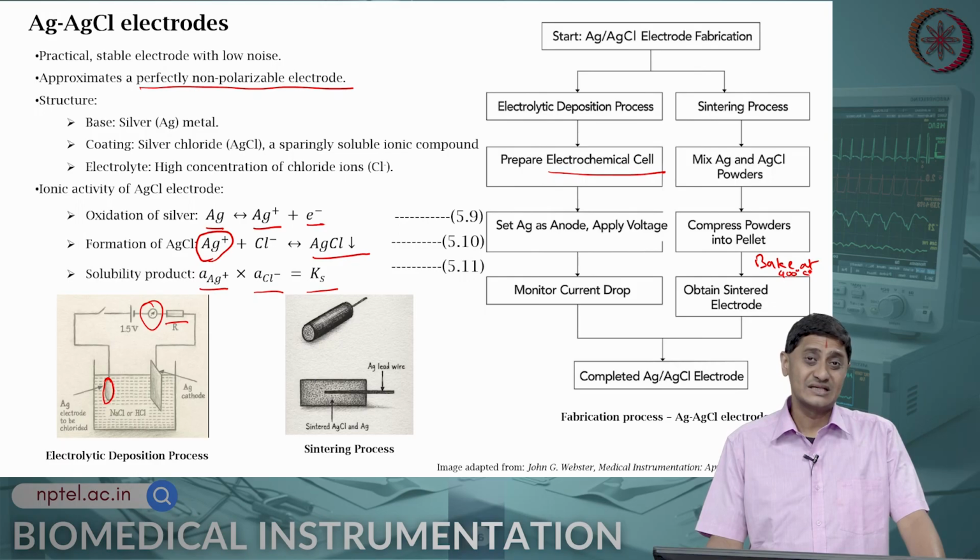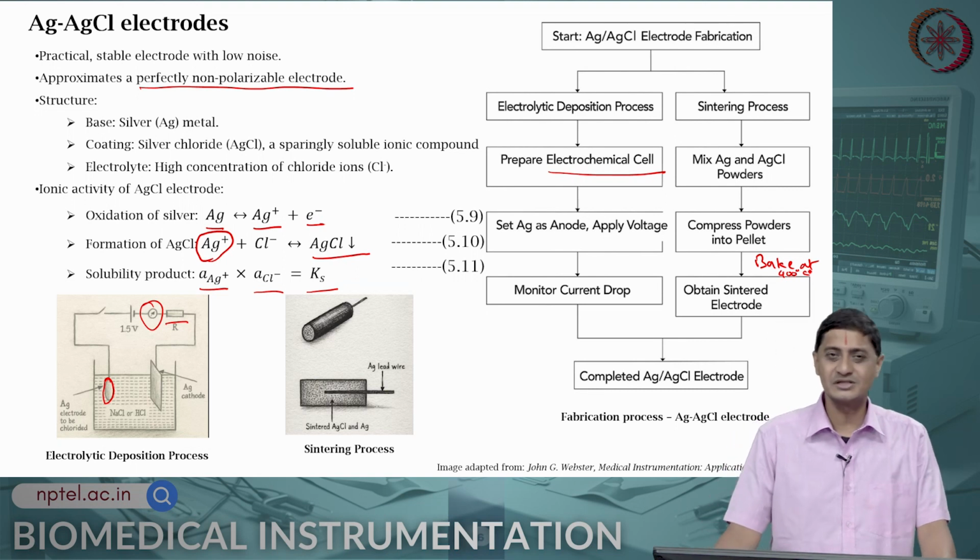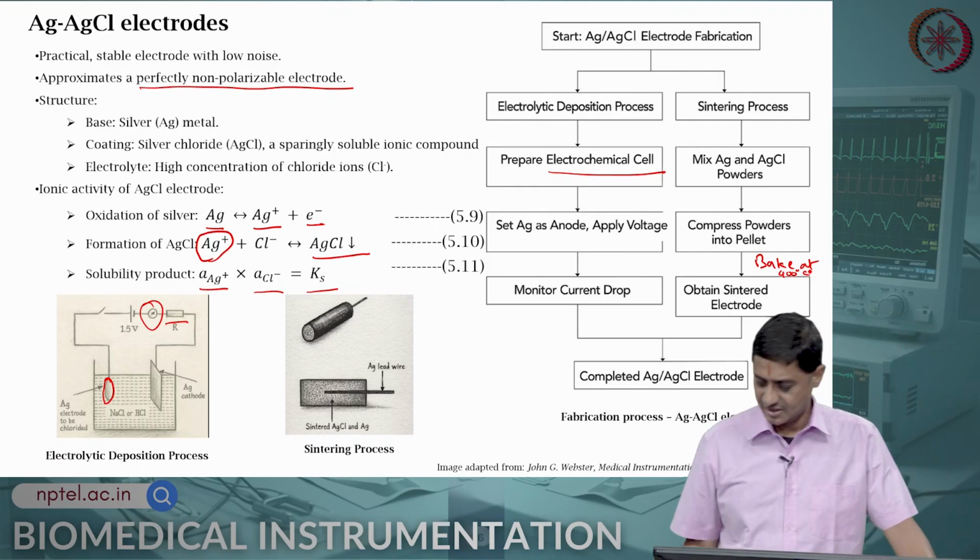So, the reaction that silver chloride makes with other chemicals is minimal, which is why it's a great option for recording. And chloride concentration being relatively constant in the biological fluid, it provides a stable recording solution. Silver chloride electrode is a relatively stable electrode.